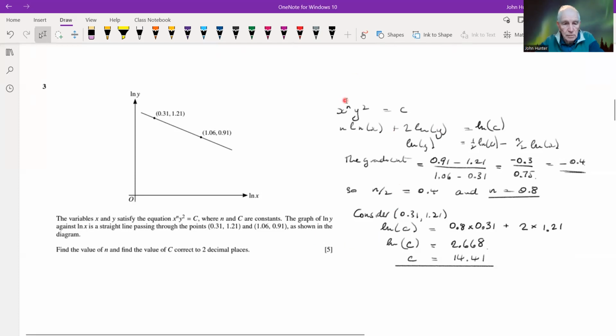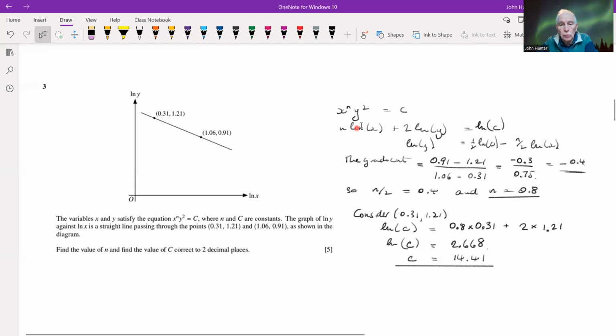Okay, so log graphs are quite useful things. Where we've got exponential functions, we can convert this to a straight line graph. And if we take the log of either side of this, we're using the natural log in this situation, but you could do the same with log base 10, and often questions do involve log base 10.